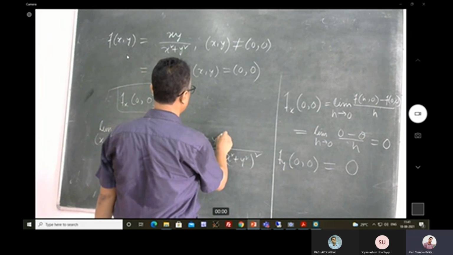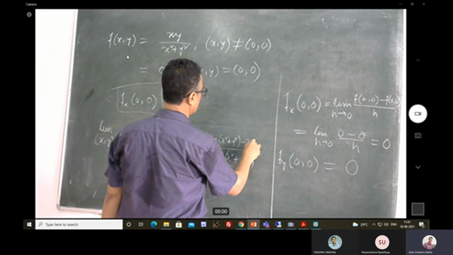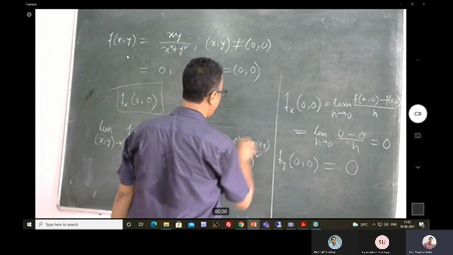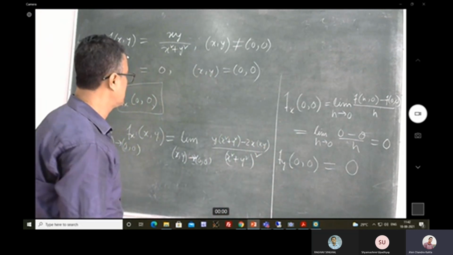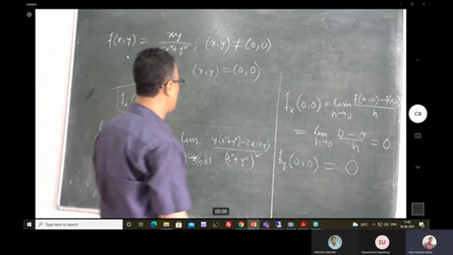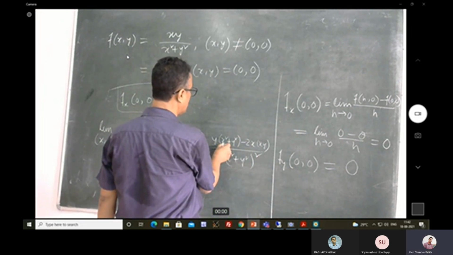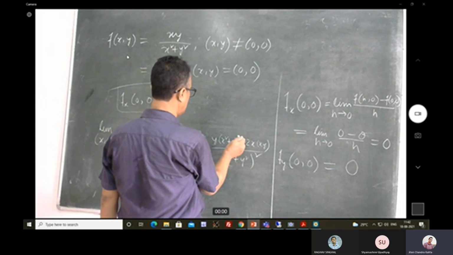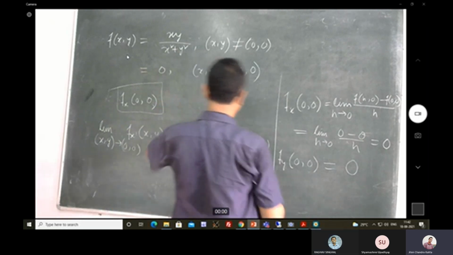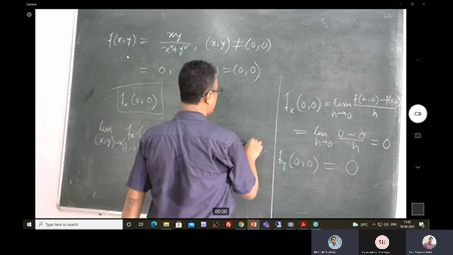Then y into x squared plus y squared, minus 2x times xy. So basically, at the numerator it is going to give me yx squared, and then minus 2yx squared, so it is going to give me minus x squared y cubed minus x squared y.